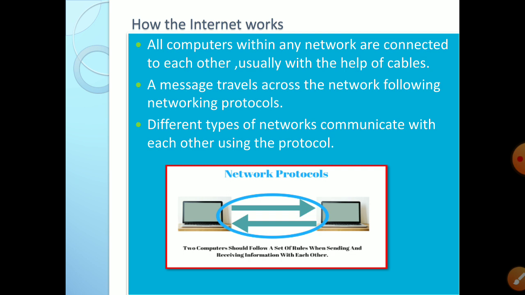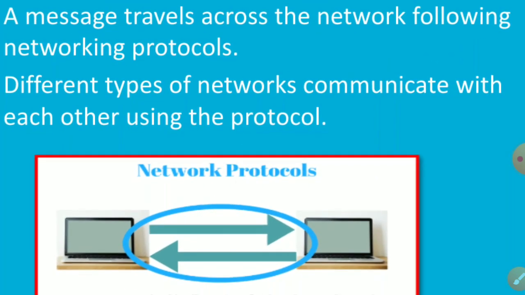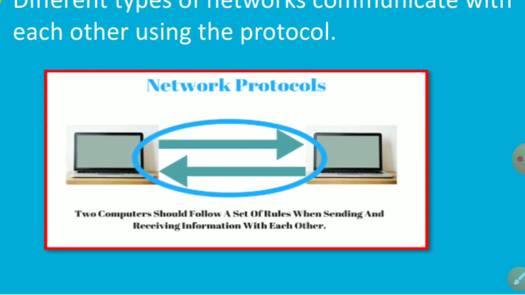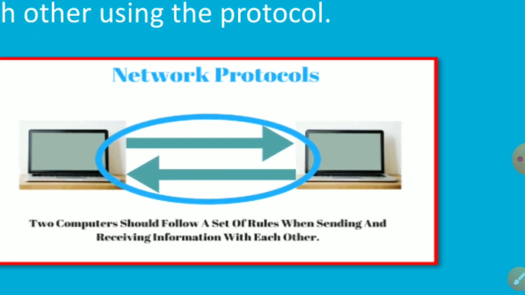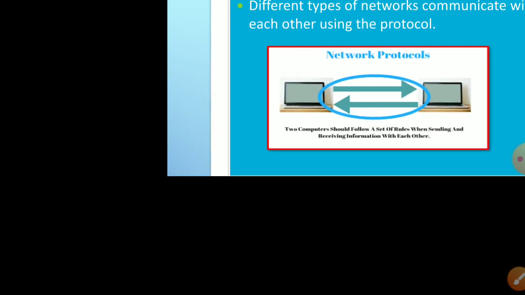As I said, a protocol is a set of rules or instructions that computers use to communicate with each other across a network. So in this diagram, if you observe, with the help of network protocols, the two computers should follow a set of rules when sending as well as receiving information with each other. Fine.